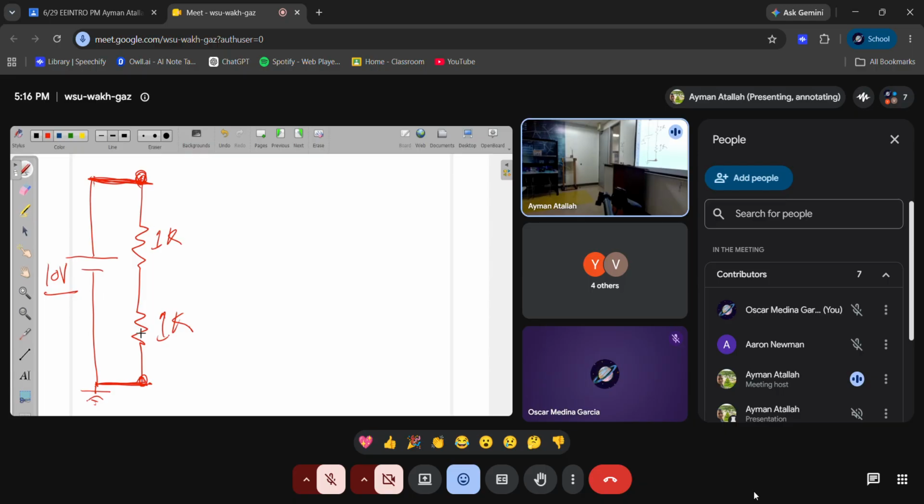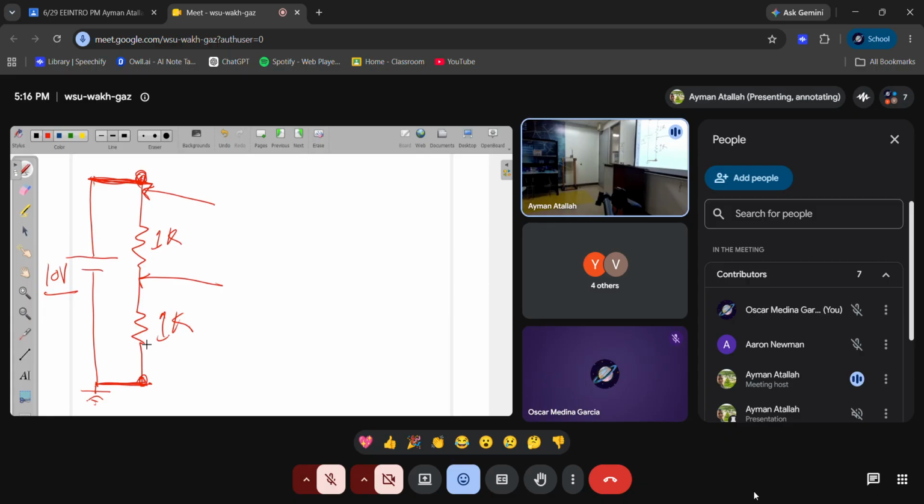If this is 1K and this is 1K, and you bring the multimeter and measure the voltage here and the voltage here, what will you get? We had this multiple times before. 0.7?